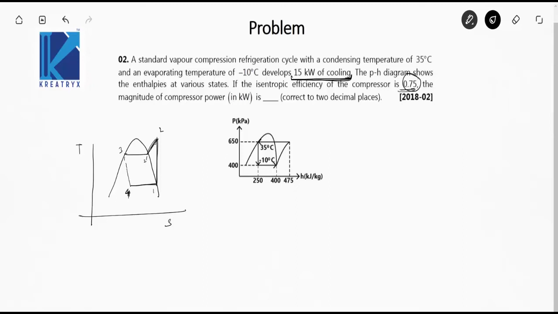So the isentropic efficiency of the compressor is also given. So extend this constant pressure line above. Due to this isentropic efficiency, the actual work input will be like this. Let me draw it.